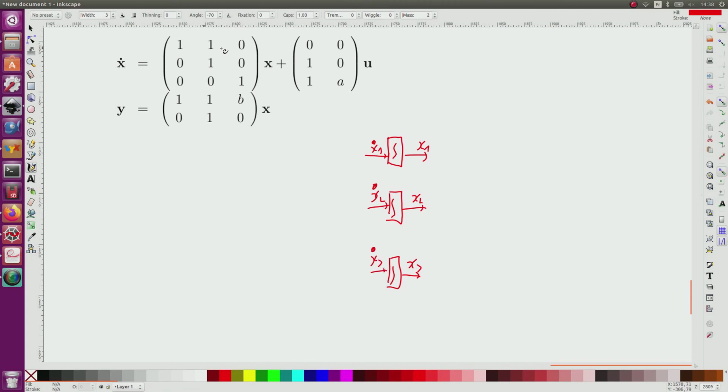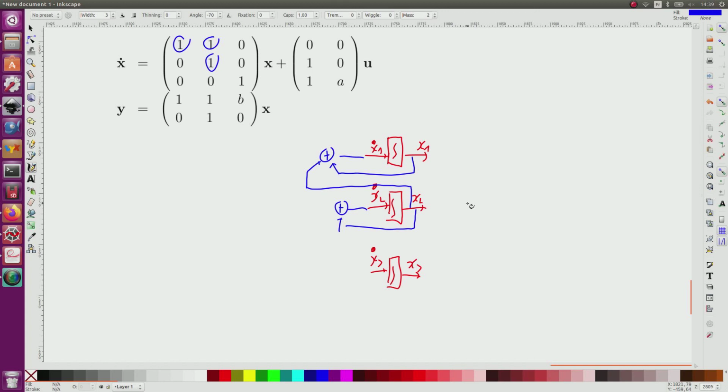So I consider the first, x1 dot, and it corresponds to the sum between different quantities, x1, x2, now for x2 dot I will have x2 and u1. I will put u1 later.